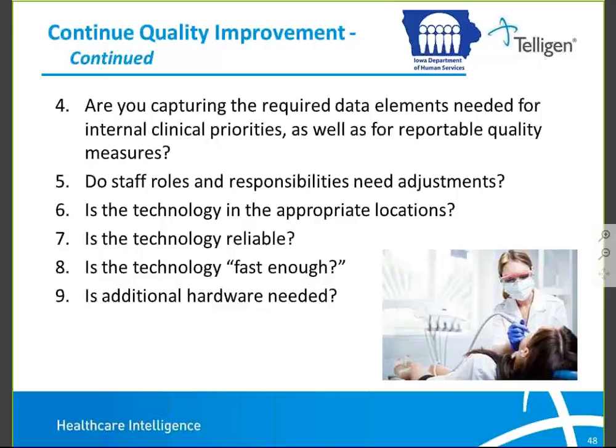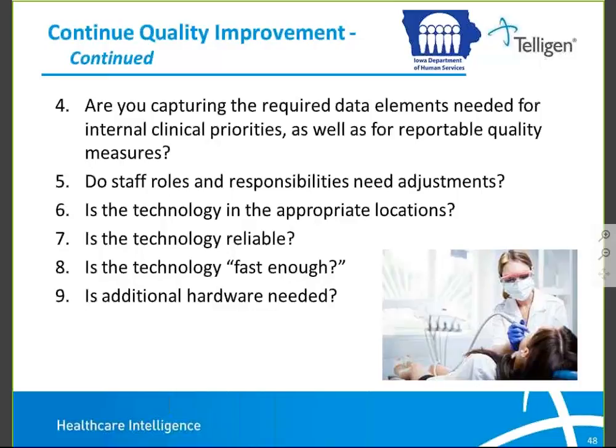Are they in the best spots now that you're using the system, or do we need to reconsider what we originally thought and maybe move some of those pieces to more applicable areas? Is the technology reliable? Is the technology fast enough? And is additional hardware needed?